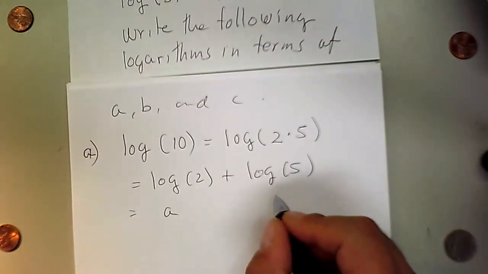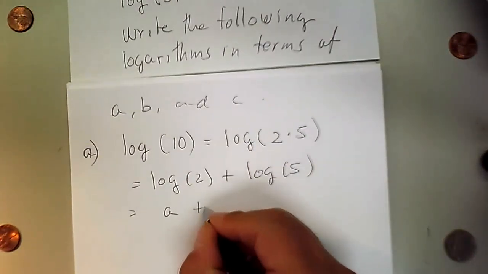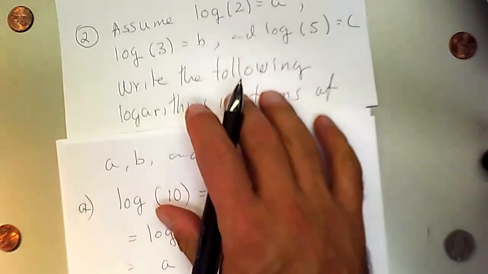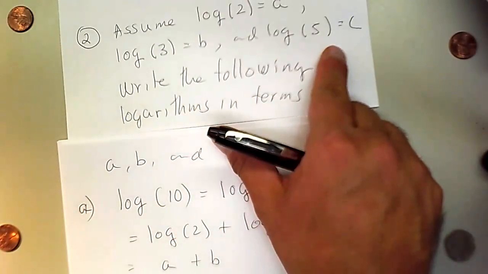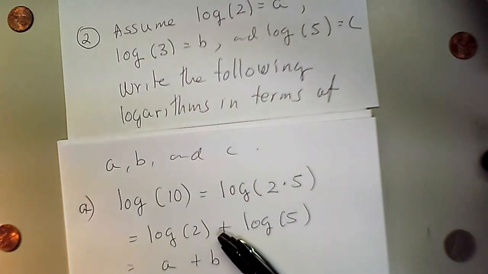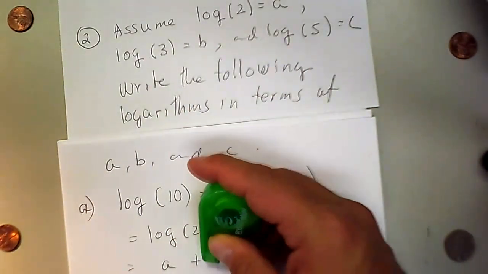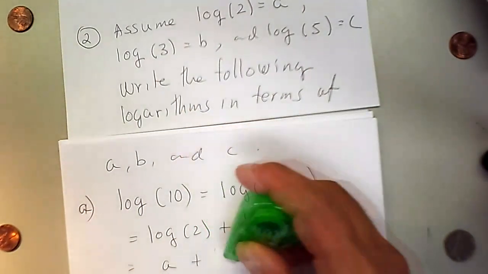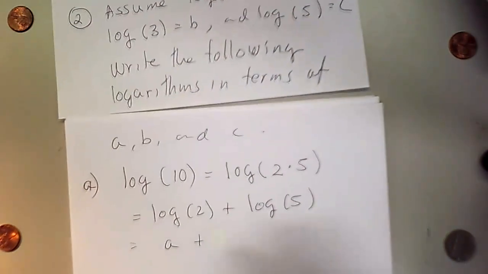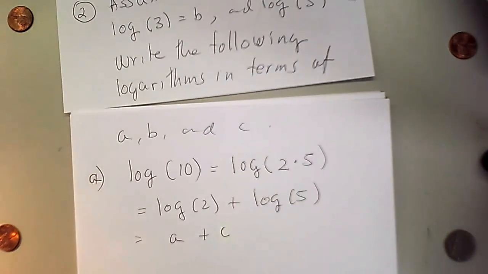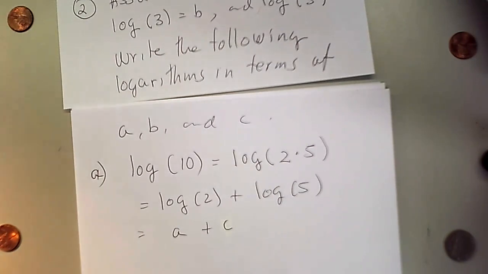Logarithm of 5 is B. No. Logarithm of 5 is C. So erase this guy. C. And that's it. We're done with that problem.